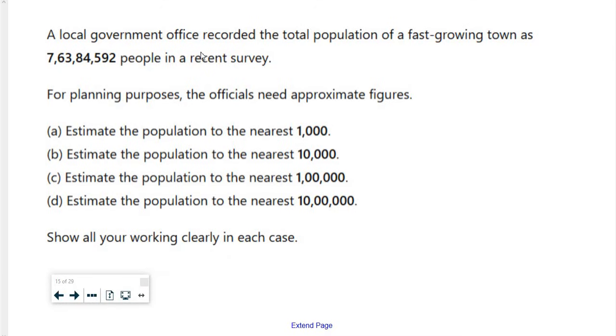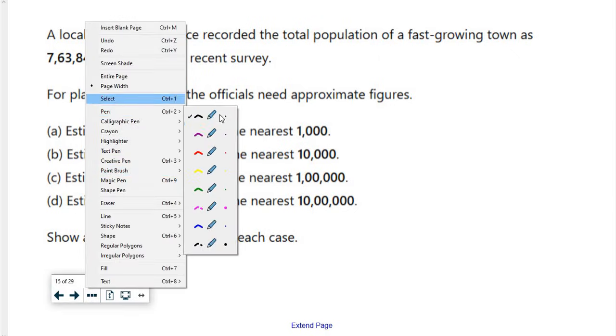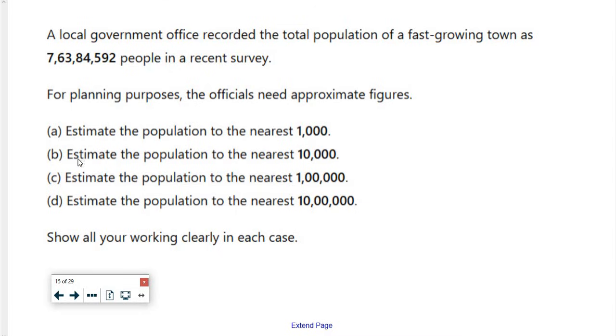A local government office recorded the total population of a fast growing town as 763,84592 people in a recent survey. Now, for planning purposes, the officials need approximate figures.